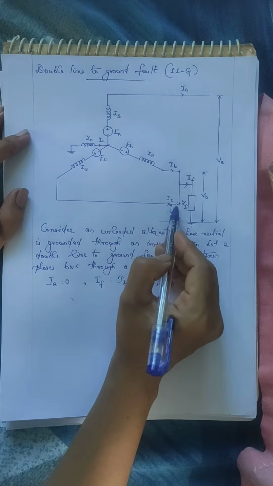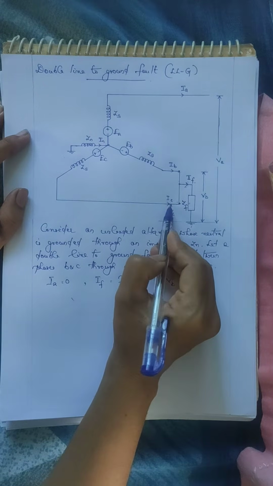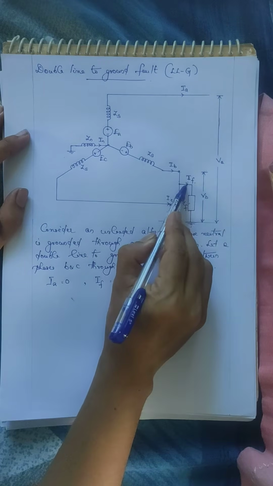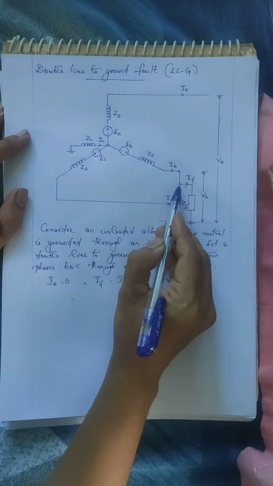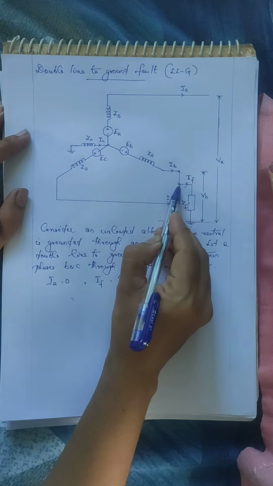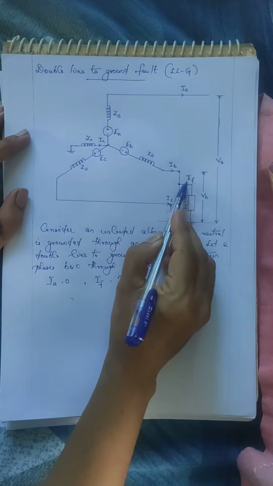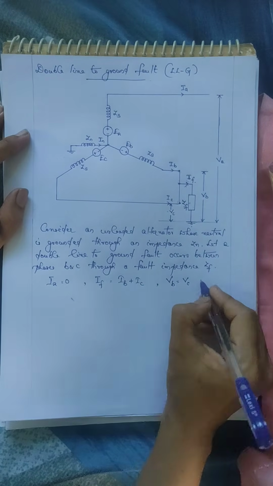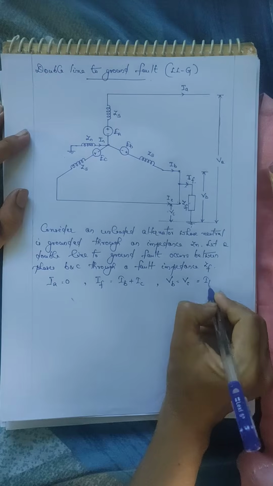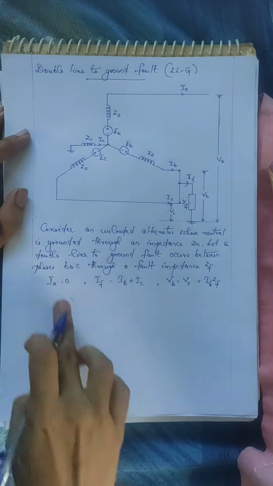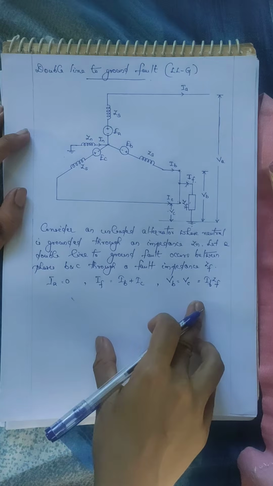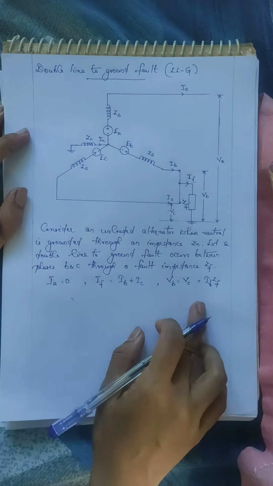Similarly, VC is the voltage between the terminal of phase C and the ground, and it will be the same as IF into Zf. So we can write VB is equal to VC, which is equal to IF into Zf. So these three are the boundary conditions required for solving a double line to ground fault.